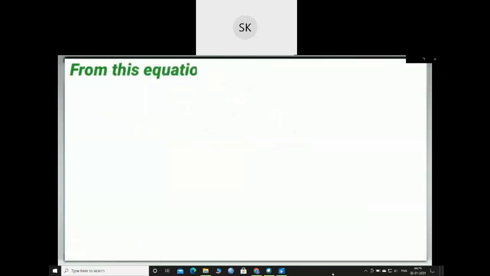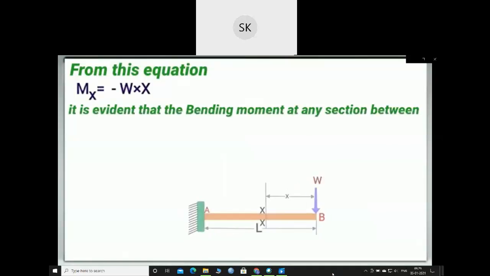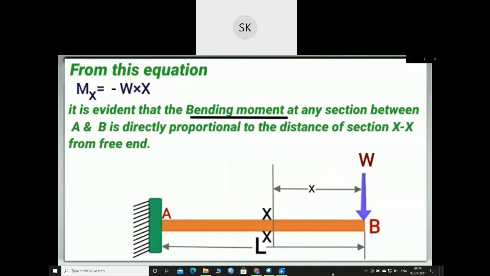From this equation Mx equal to minus Wx, it is clearly evident that the bending moment at any section between A and B is directly proportional to the distance of section XX from the free end B, which means as we go from B to A, the bending moment will increase and it will be negative.